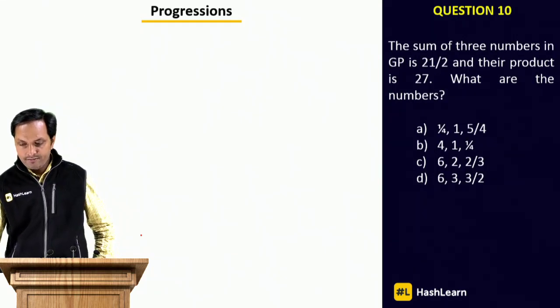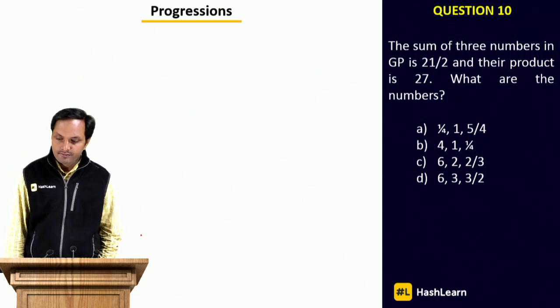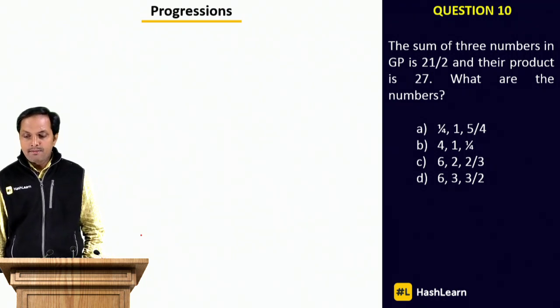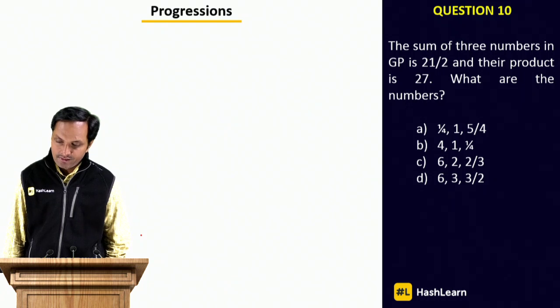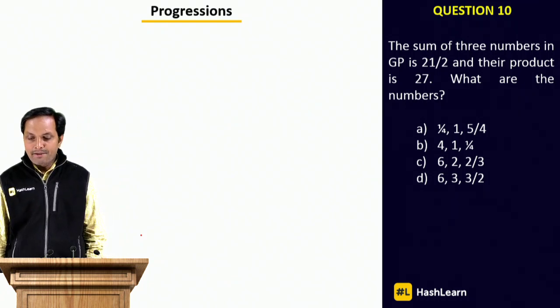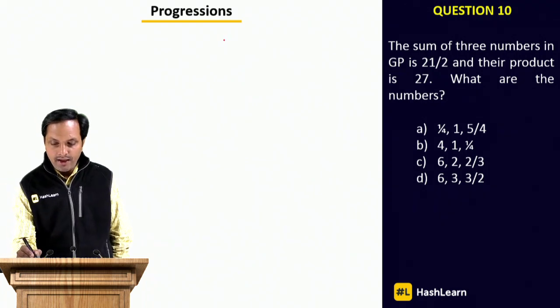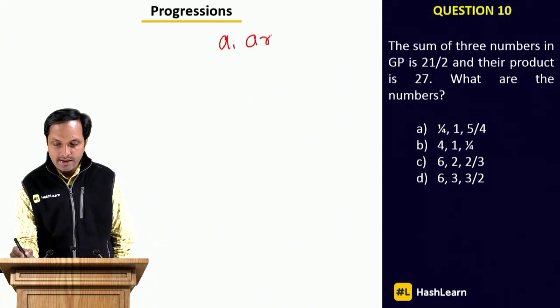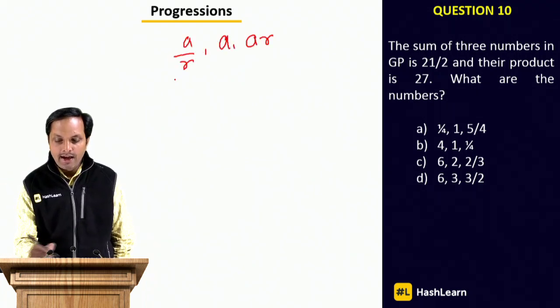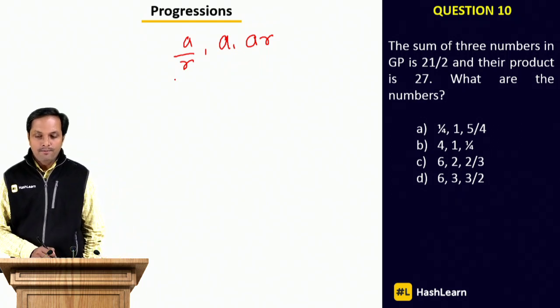Number 10. Sum of three numbers is 21 by 2 and their product is 27. What are the numbers? I told you, when they talk about three numbers, you should consider them as a by r, a and ar.